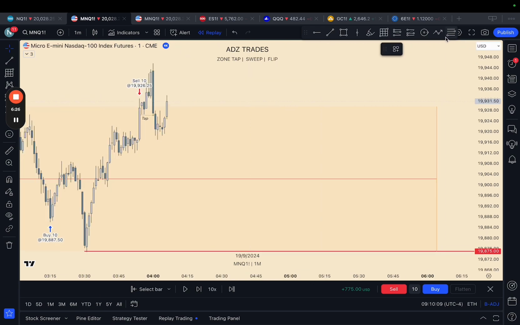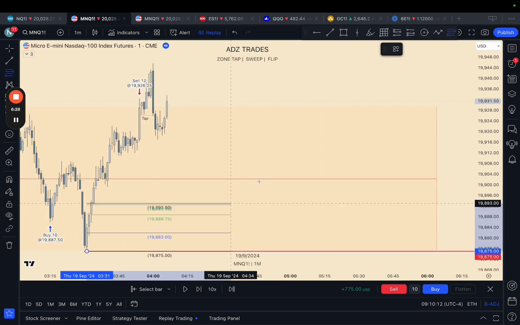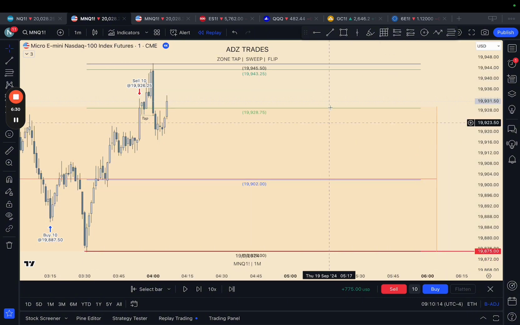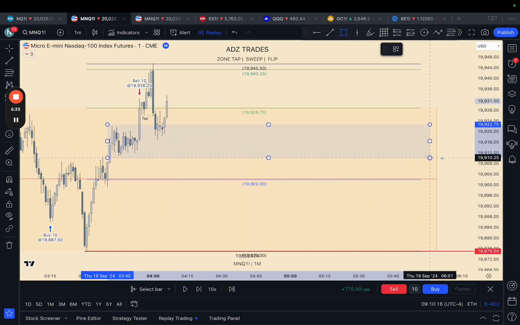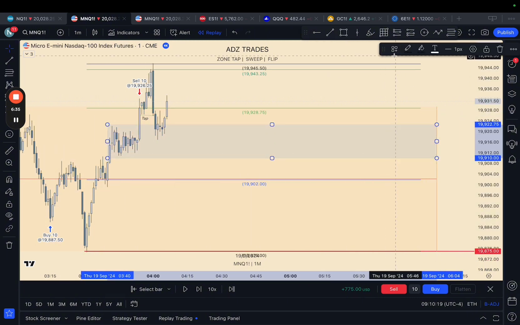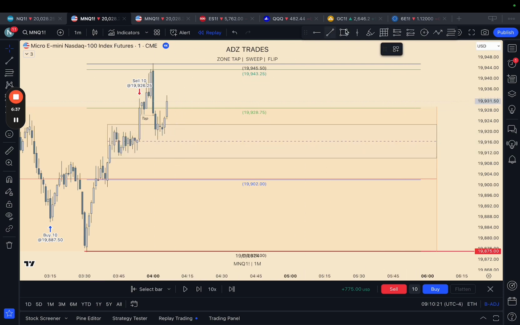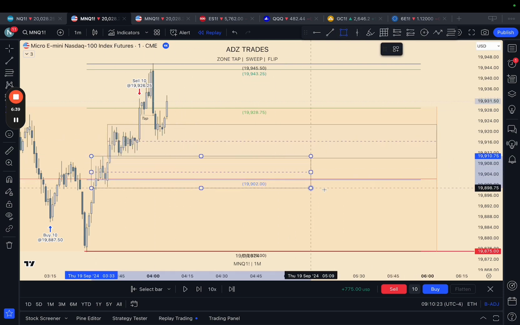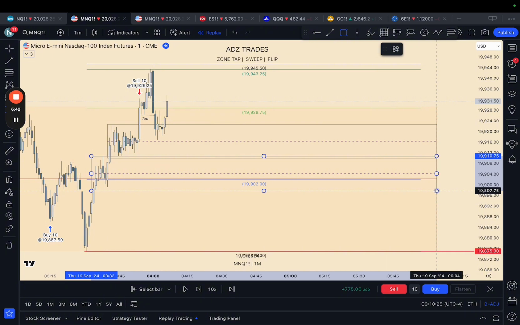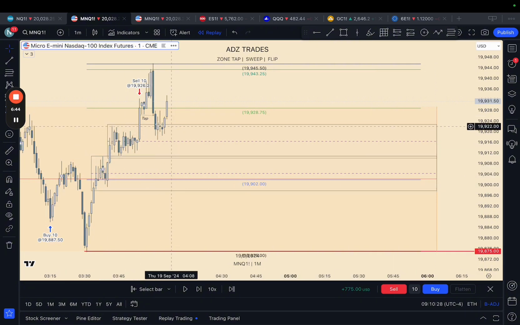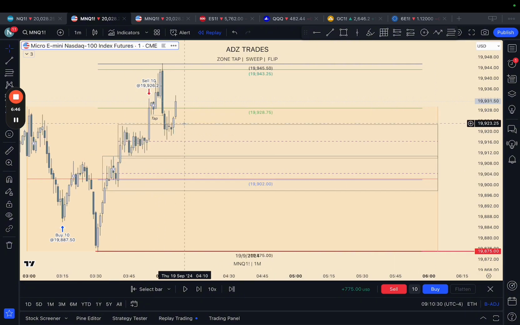That's my tap. We have this SNDR here, and we have a small one here. Okay, this one hasn't been mitigated yet either. I wouldn't be surprised if price bounces from this one, however.